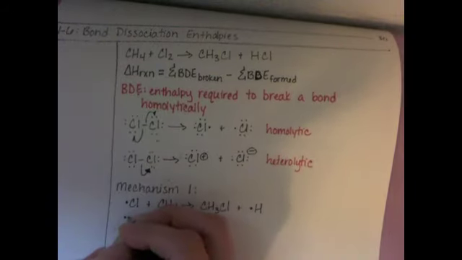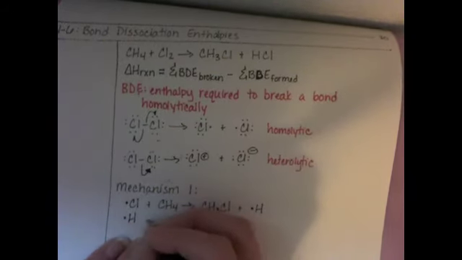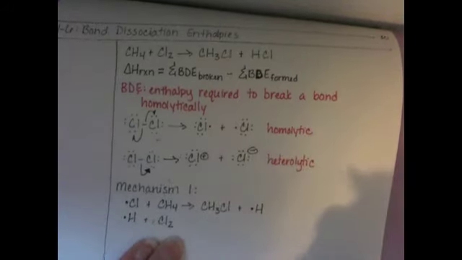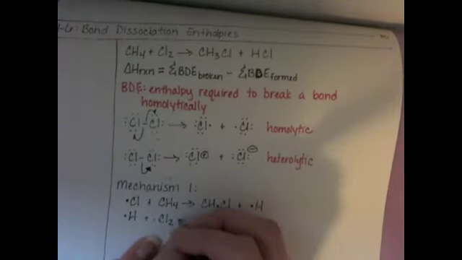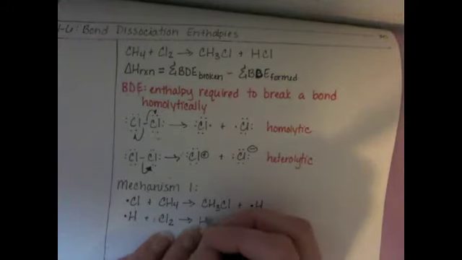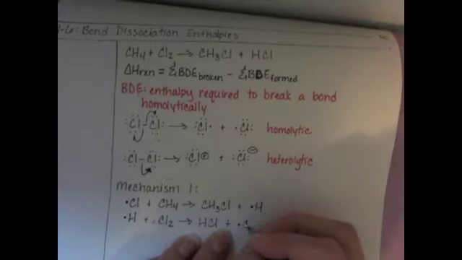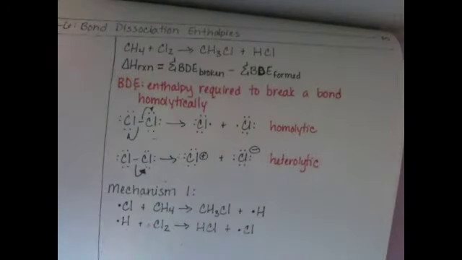And then that hydrogen atom, or hydrogen radical, goes on to react with another molecule of chlorine, Cl2, to make the HCl product that we do observe, and a new chlorine radical, which then goes on to do who knows what. We're just going to look at those 2 steps.